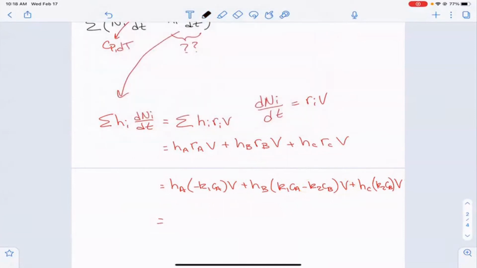So that's going to be equal to K1 times CA times V times, now our two terms, this is just HB minus HA. And then plus K2 times CB times V, and we only have two terms for that as well, that becomes multiplied by HC minus HB.